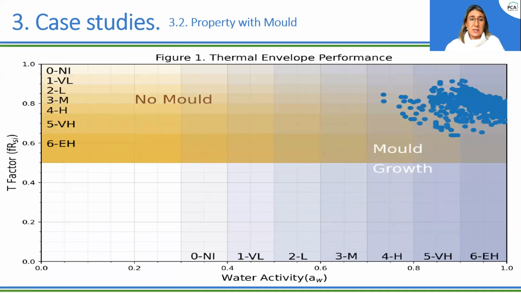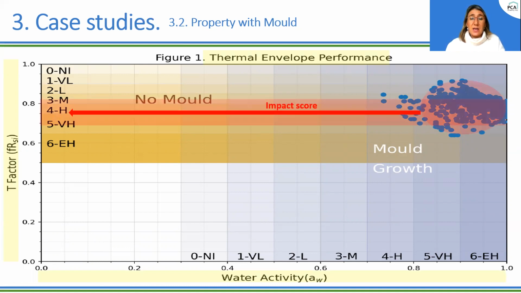If we see in details the assessment of the thermal performance, we can see that the data falls between temperature factor and water activity to assess this. And we can see that the impact score of temperature factor causing moisture imbalance is high, very high, whereas the impact score of water activity causing moisture imbalance is very high, extremely high.